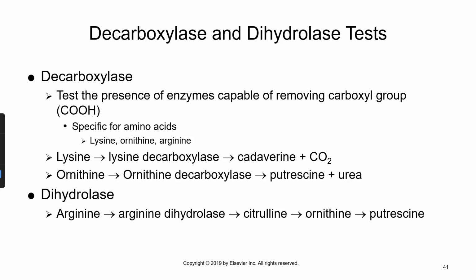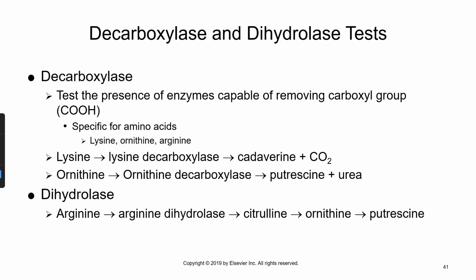So decarboxylase talks about removing that carboxyl group. So this tests the presence of the enzyme capable of removing the carboxyl group. They're specific for amino acids. So there's lysine decarboxylase, ornithine decarboxylase, arginine decarboxylase, and so forth.